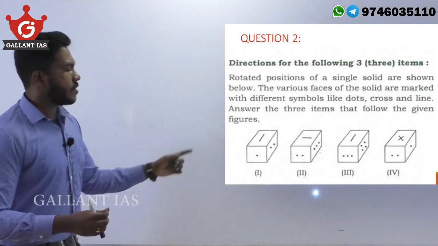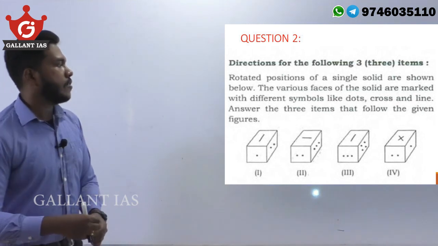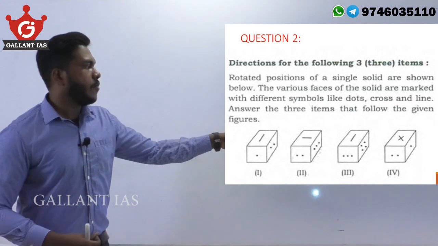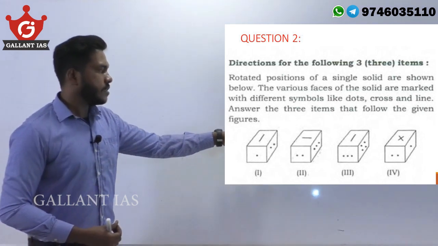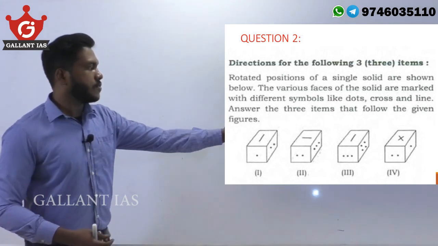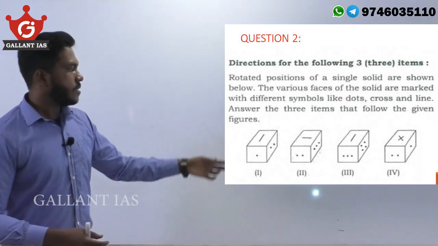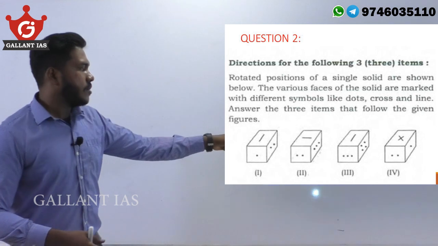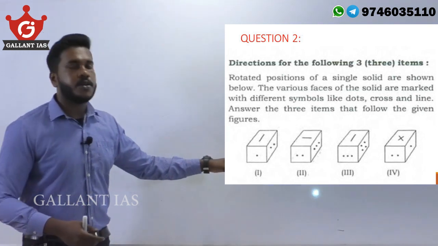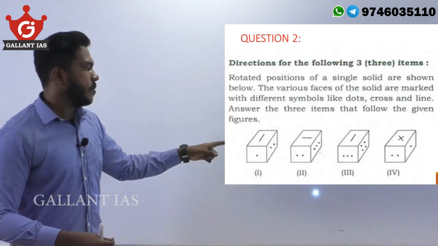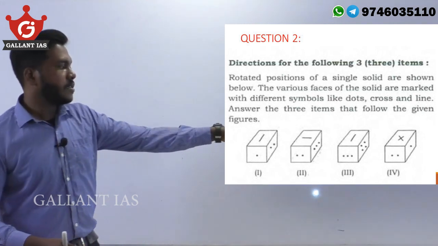So here, what are the faces common in more than 2 orientations? The line is common in 1, 2, 3 orientations. Now consider the face containing the value 2 dot. The face containing 2 dot is common in the first, second as well as 4th orientation.